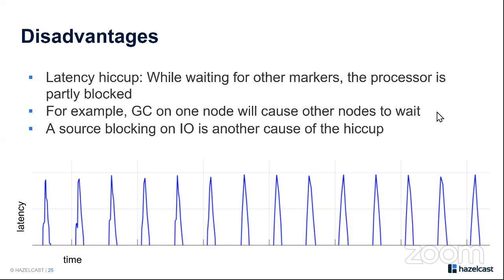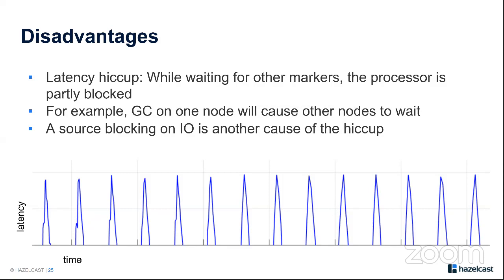If one of the nodes is doing garbage collection for, let's say, 2 seconds, and it's supposed to send a barrier, a marker, the other nodes that are not doing garbage collection right now will still be waiting for the barrier and cannot proceed. Another source of this blocking is, for example, if a source is using blocking IO and doesn't check for messages from the coordinator.